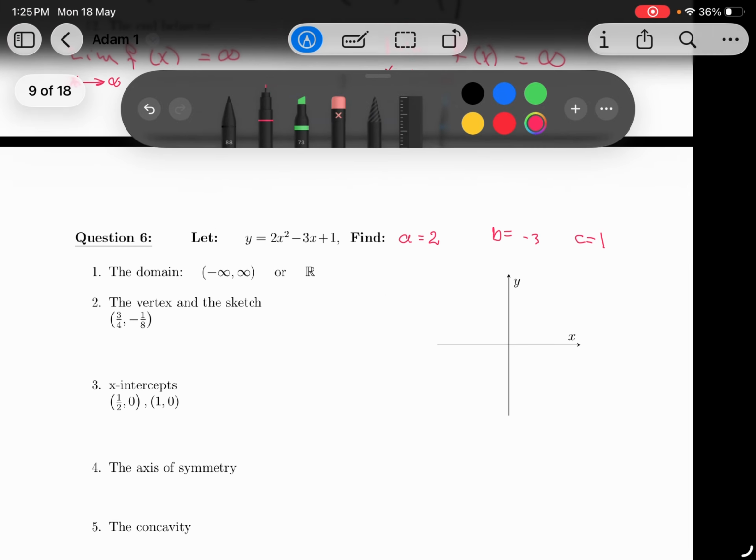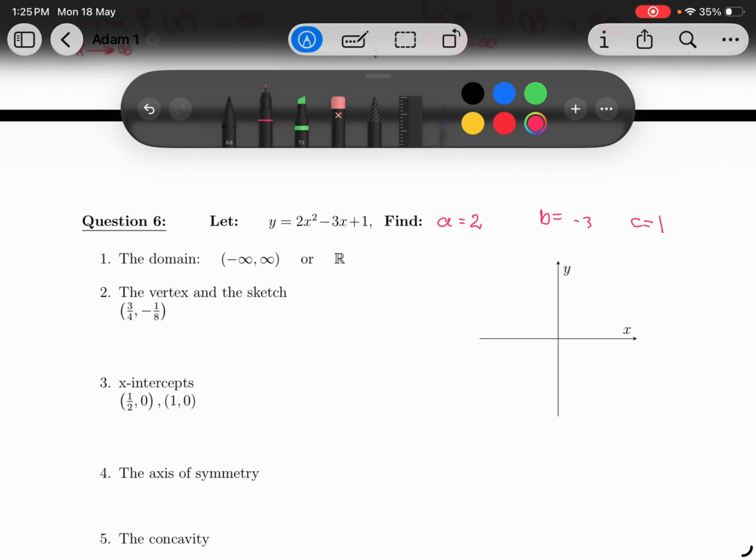So the domain is the most trivial: minus infinity to infinity, or this fancy R, or this R.